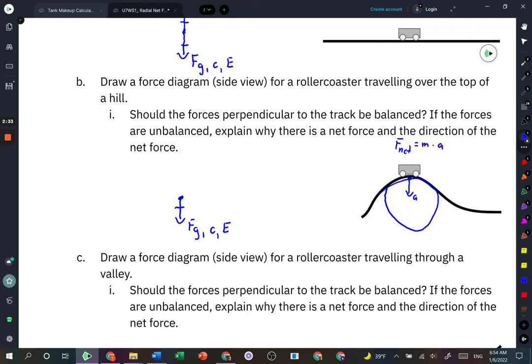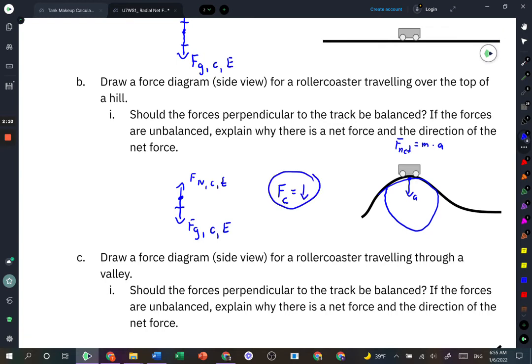So if our acceleration points downwards, so too must our net force. So that must mean that the downward force, the force of gravity, is greater than the upward force, force normal, in this case. Which is why we can say our net force or our centripetal force points down.